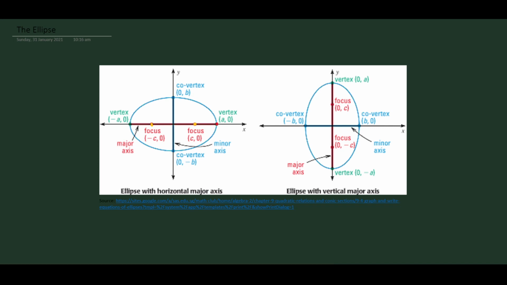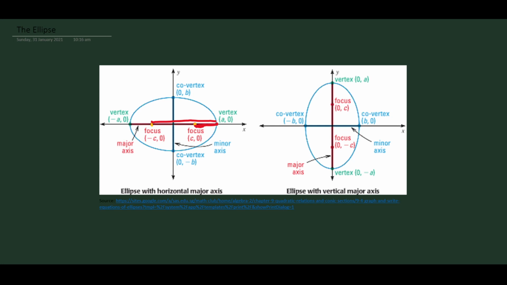A vertex is still another point on the ellipse, right? So if we connect this vertex to the two foci, we have this connection right here, and also this connection right here. What do you think is the total length of these two lines?